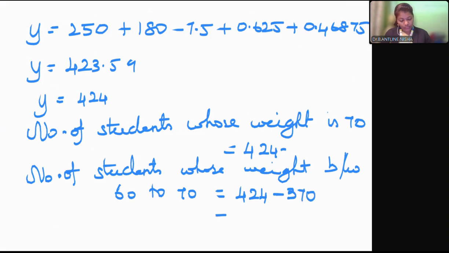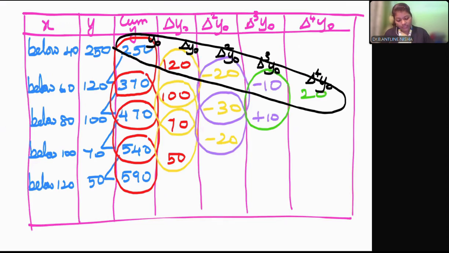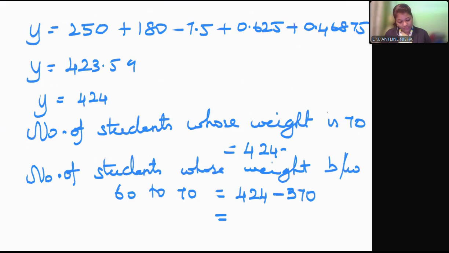Okay, so how can we do it? 424 minus 370. Let us go back to the tabular column. You see, below 60 the cumulative value is 370. Okay, so we are subtracting this value from 424. So we will get the final value as 54. Okay, this is it.